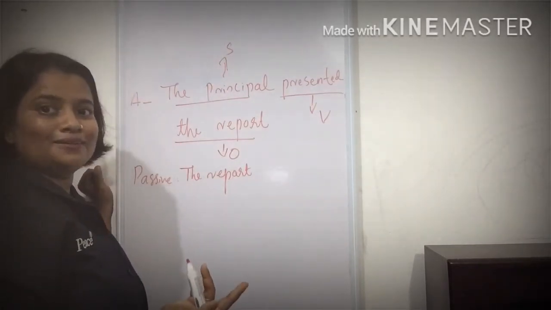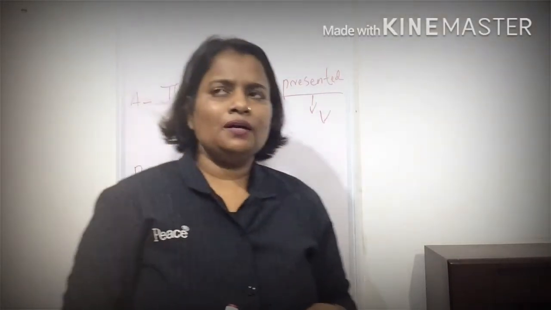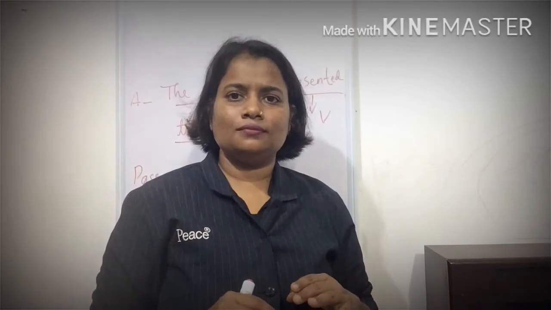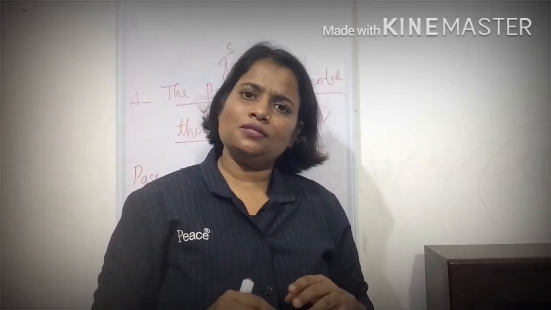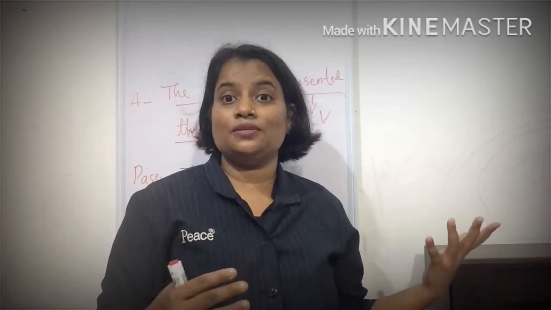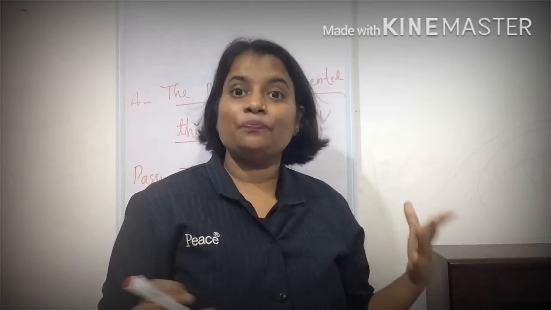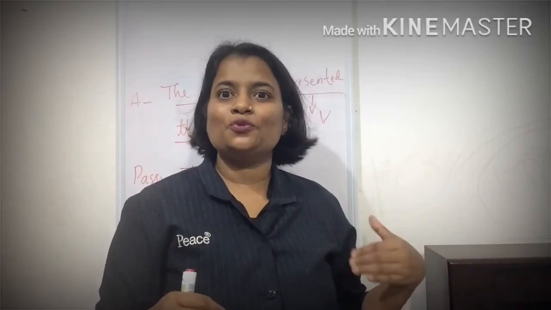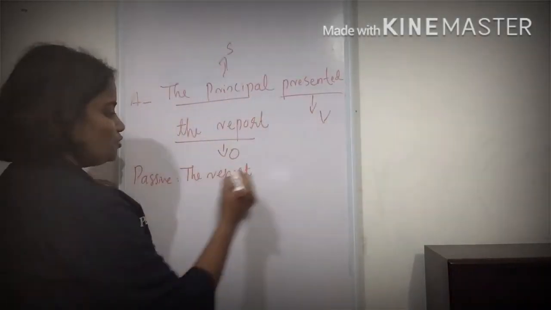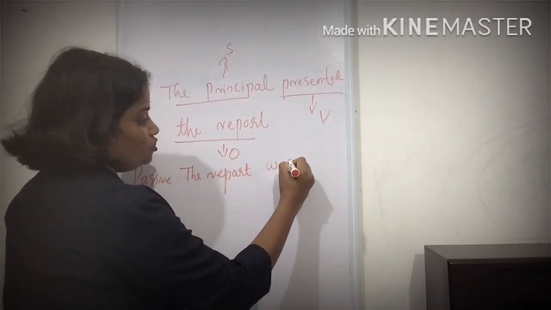Yes, singular. Can you remember the past helping verbs? Was or were. If the subject of the statement takes singular, you need to use was. If it takes plural, you need to use were. So the report is singular, so you can use was.